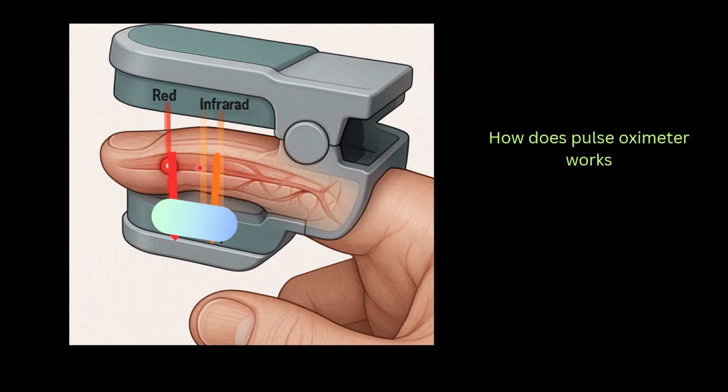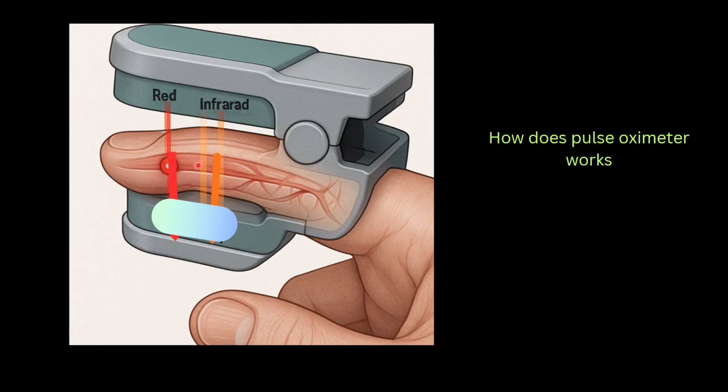If we dive a little deeper, hemoglobin in the blood has mainly both oxyhemoglobin and deoxyhemoglobin. These absorb light differently. Oxyhemoglobin absorbs more of infrared light, whereas deoxyhemoglobin absorbs more of red light.